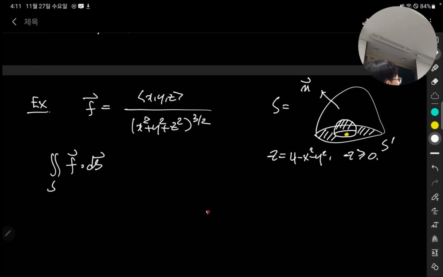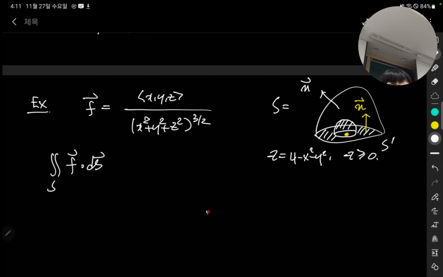It's a union of an annulus and a small hemisphere with a small radius. I took the radius small so that it doesn't intersect the boundary of the surface S. I'm going to let the orientation of S prime also be upward.